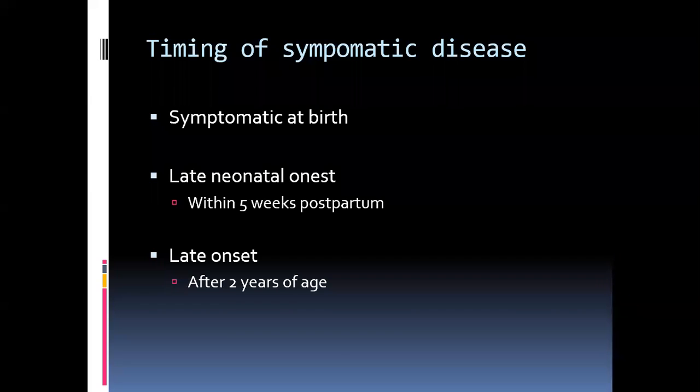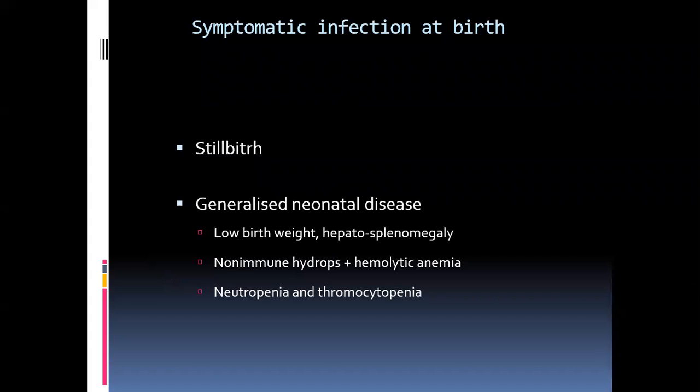The disease can also have a later onset, after 2 years of age. It can produce symptomatic infection, stillbirth, and generalized infection with neonatal diseases.